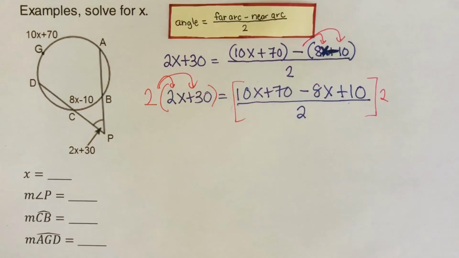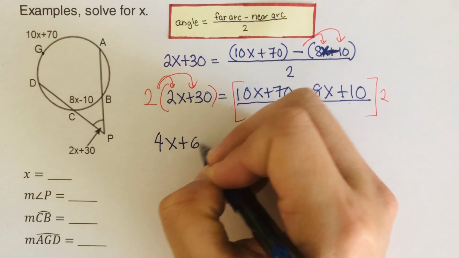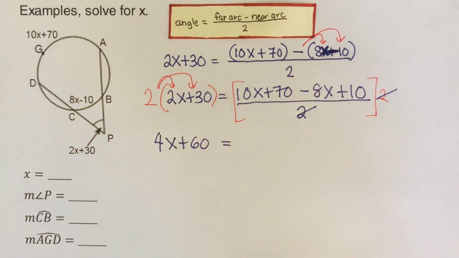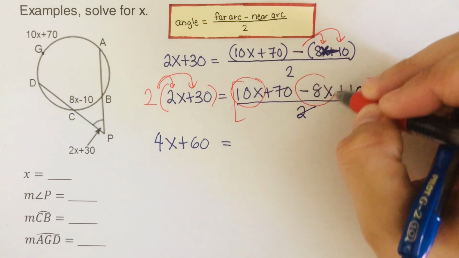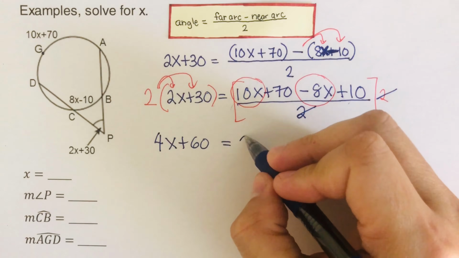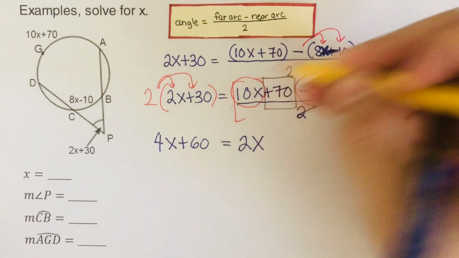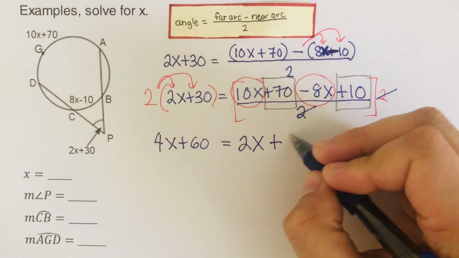So that would come out 4x plus 60 equals 10x. So we can actually combine like terms at this time. 10x minus 8x is 2x. And then we have 70 plus 10 is 80. So that's a plus 80.